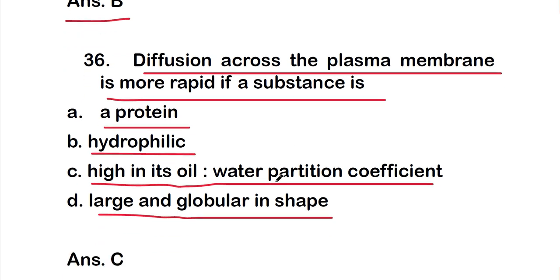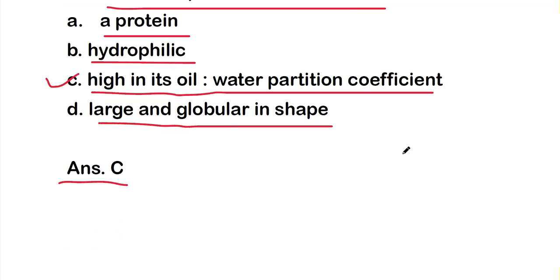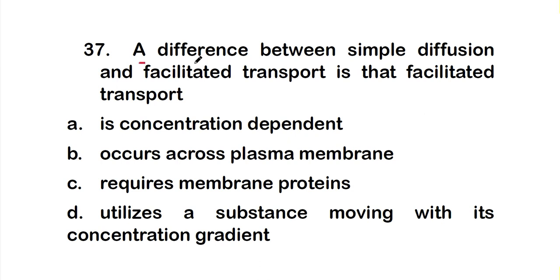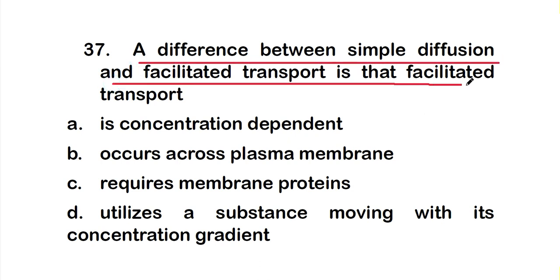So the right one is option C, that is high in its oil to water partition coefficient. So diffusion across the plasma membrane is more rapid if a substance is high in its oil to water partition coefficient.